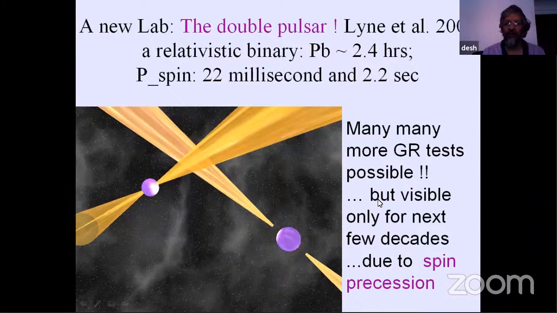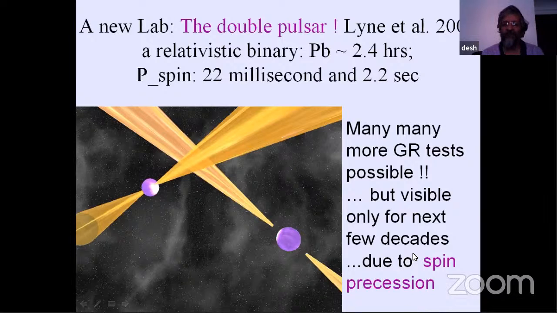You can also look for situations where you might have intensity data or some polarization data available on pulsars which are in binary, both of them, or an individual single one when the companion is not a pulsar. You can study the effects of spin precession.